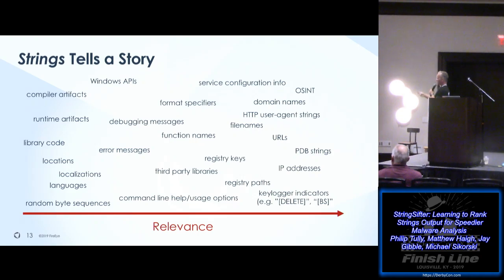Then you have Windows APIs, which start to be a little more helpful, and it works its way up until you get stuff like source code you can Google through open source intelligence, user agent strings, which are network indicators, IP addresses, things like that. So we want to take that whole output and produce a story about what this file is capable of, whether it is malware, and how we could serve the customer: the extent of the hack, what has been stolen, things like that.